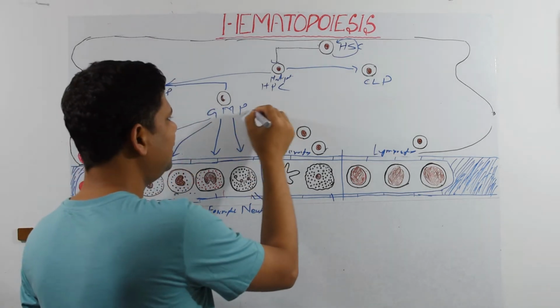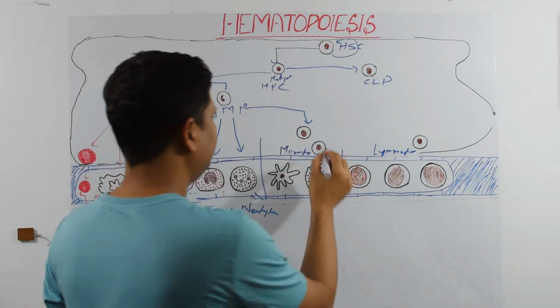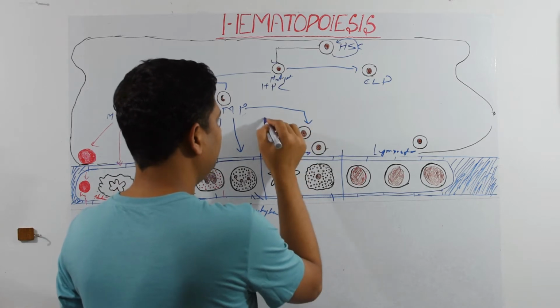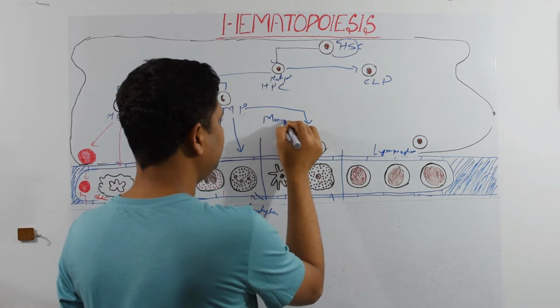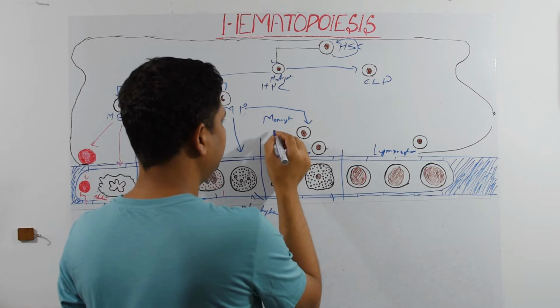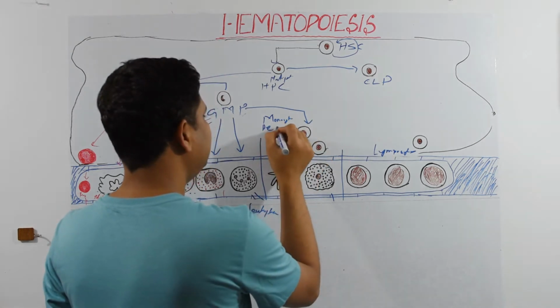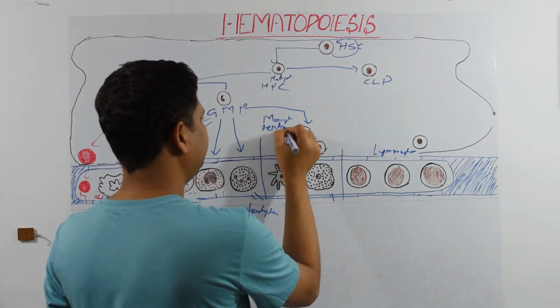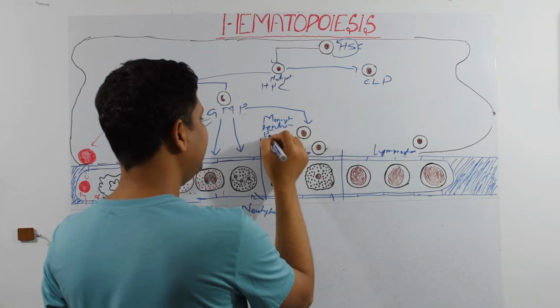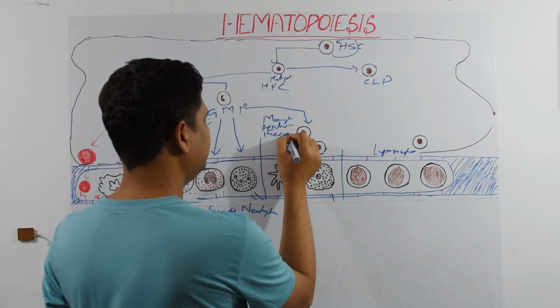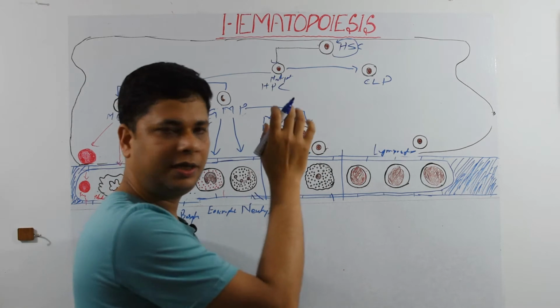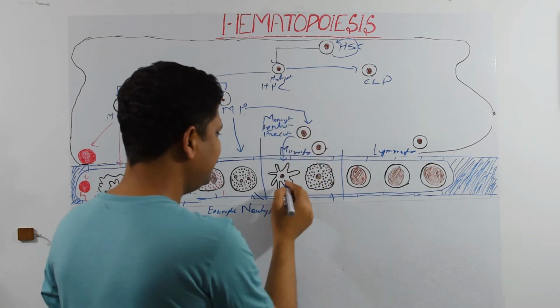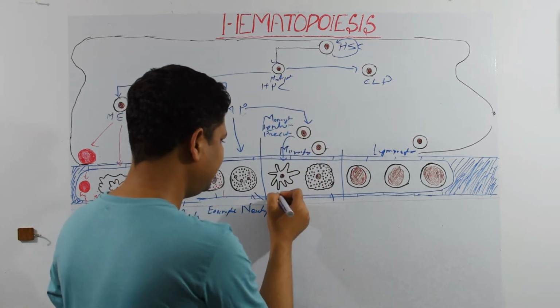And also they become monocyte dendritic precursor cells. From this precursor cell, dendritic cells are differentiated.